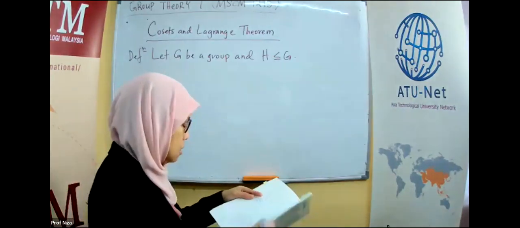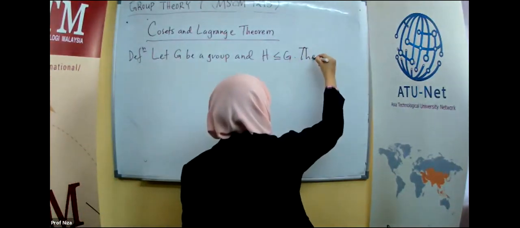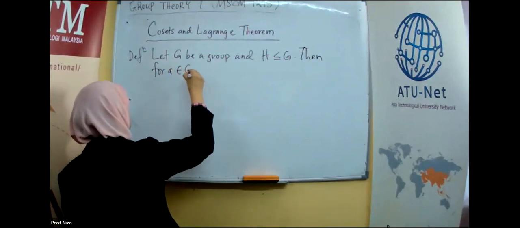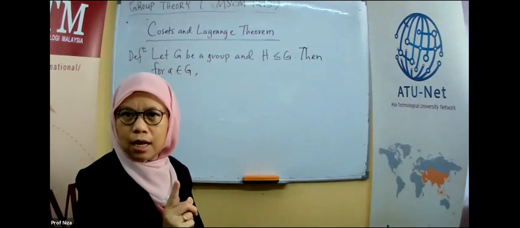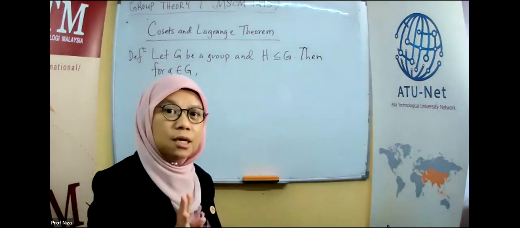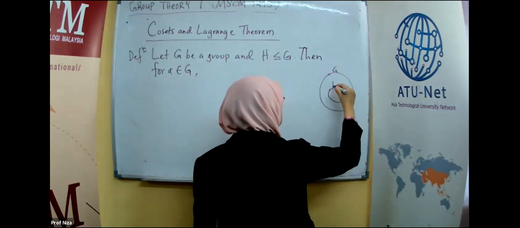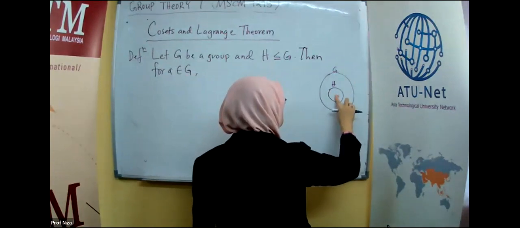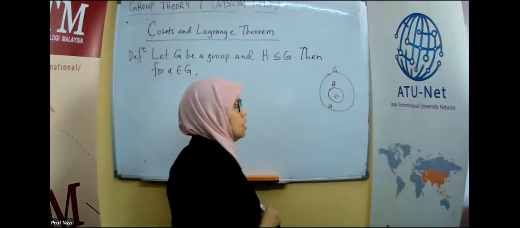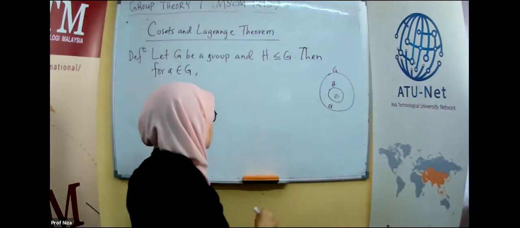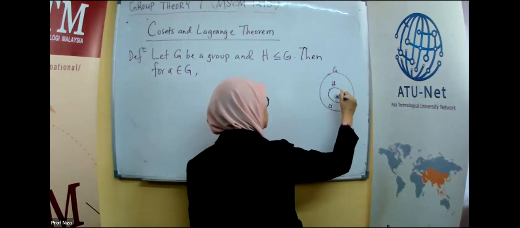Okay, and then for a in G, so this a is an element of G. It might not be in H. a can be outside, a can be inside. So a can be here, a can also be here.